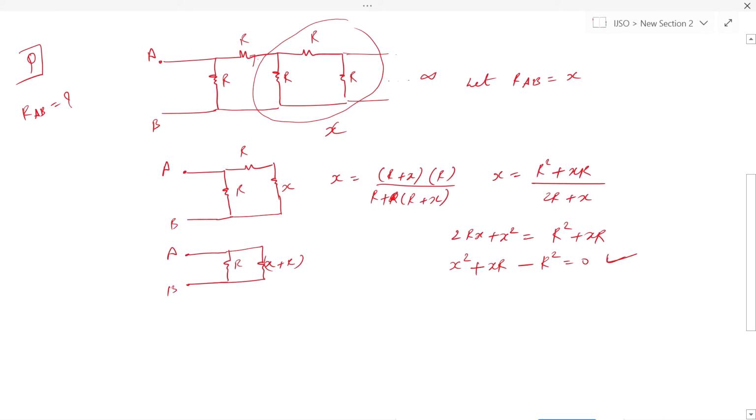So this part will be X. When X plus R, then RAB I already took as X. So the parallel combination of this will be equivalent to X. So X equal to R into X plus R upon R plus X plus R.